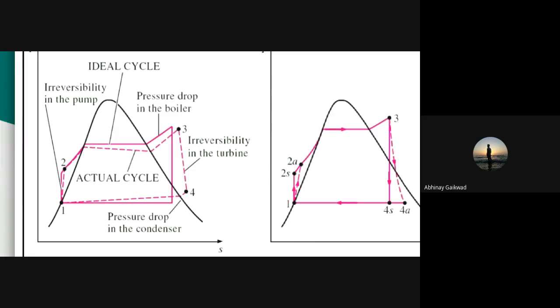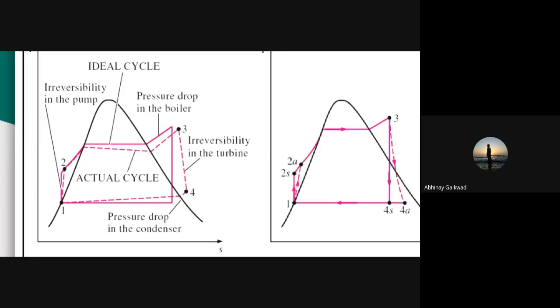So we are not getting a straight line; this is a somewhat inclined line. Then again we are getting point 3, somewhat in the downward direction. That 1 to 2 is the irreversibility in the pump, so due to that we are getting this pattern.